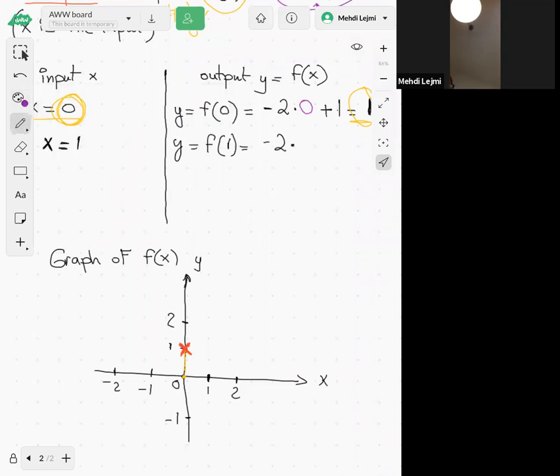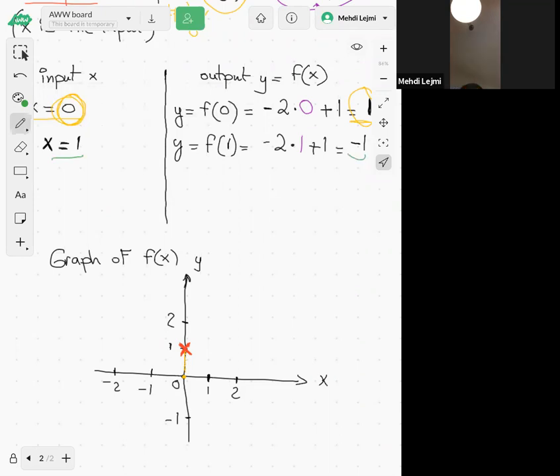So it's -2 times 1 plus 1. That's negative times positive, so it's -2 plus 1. So the answer is -1. So if my input x is 1, then my output y is -1.